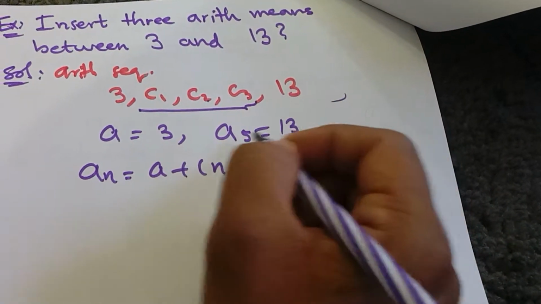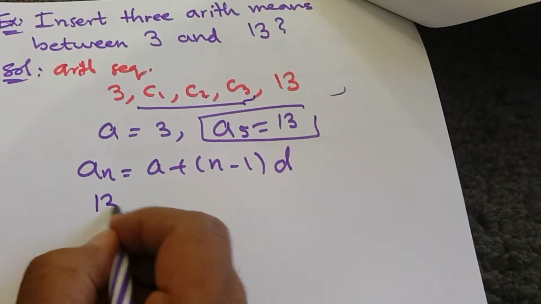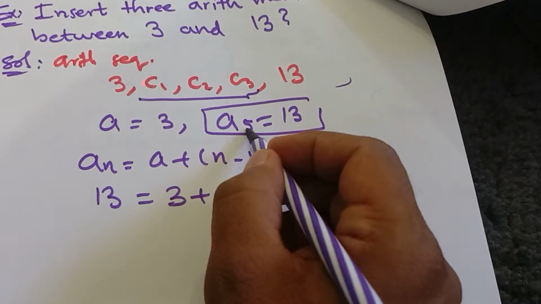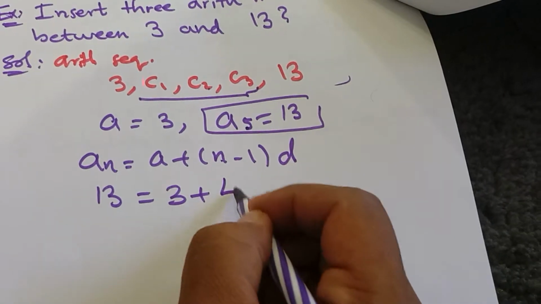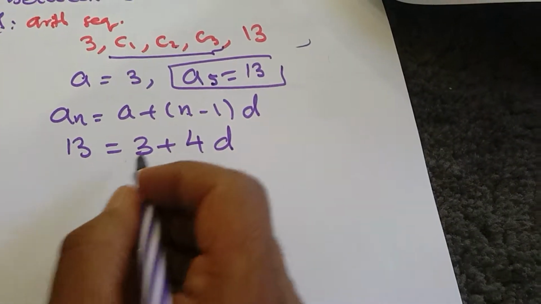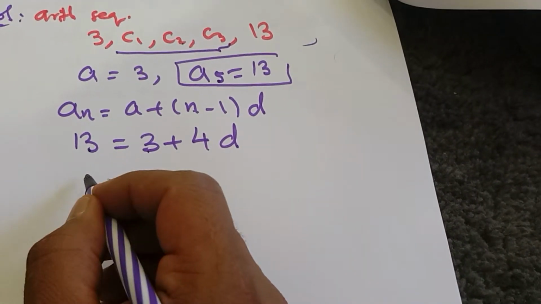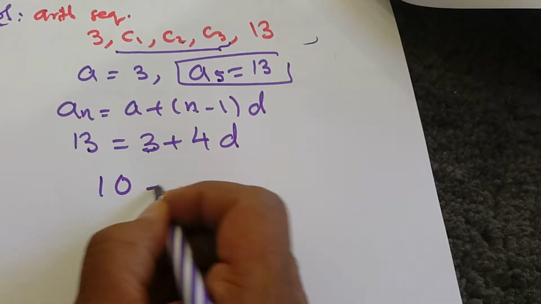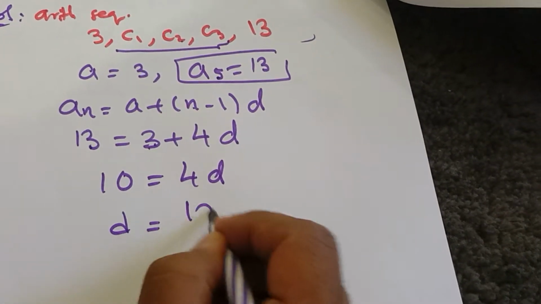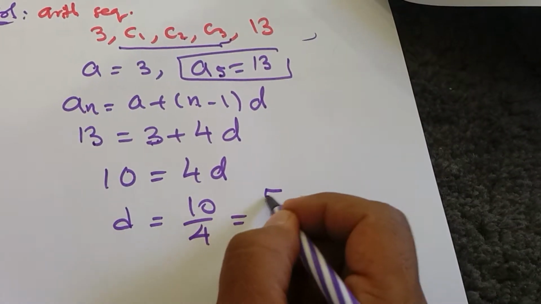If I use A5, n equals 5, the answer is 13, and a equals 3, so 5 minus 1, which is 4, times d. I can take 13 to the other side and 3 to the other side, and I get 10 equals 4d.